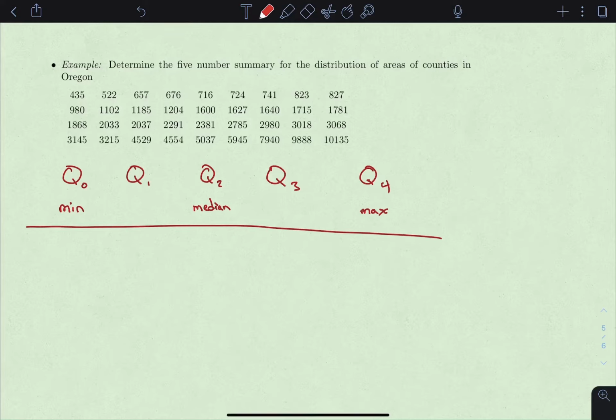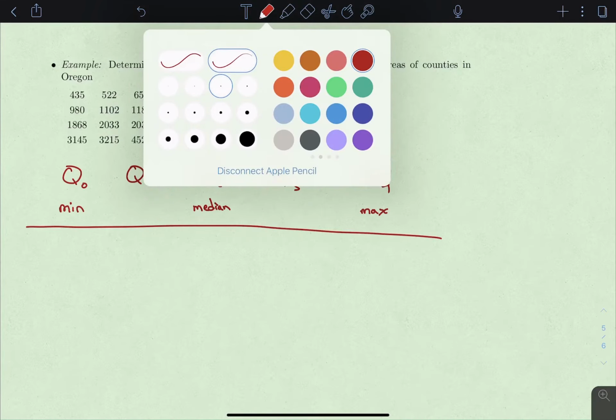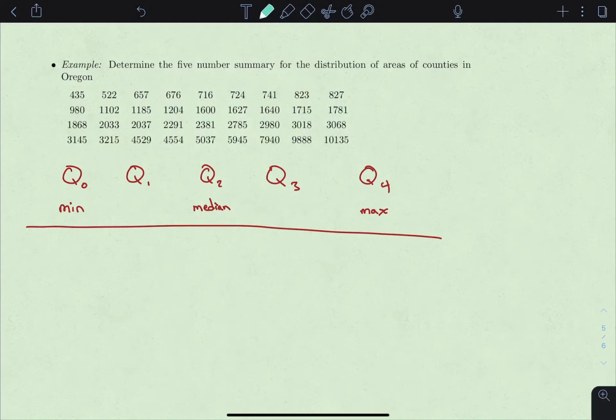And the way that we think about calculating these numbers, like the median, would be to find the number that's in the halfway point. This data set is already ordered, so that's going to make it easy. We think about calculating it as the halfway point once we have an ordered list.